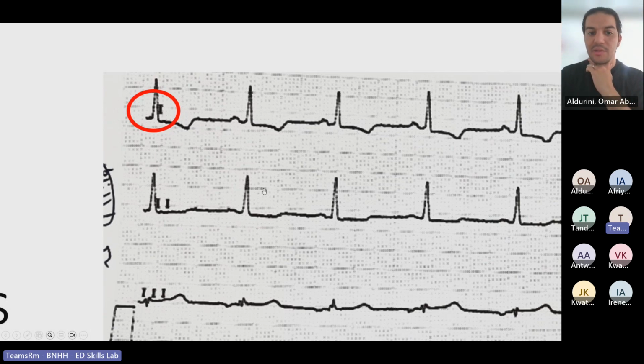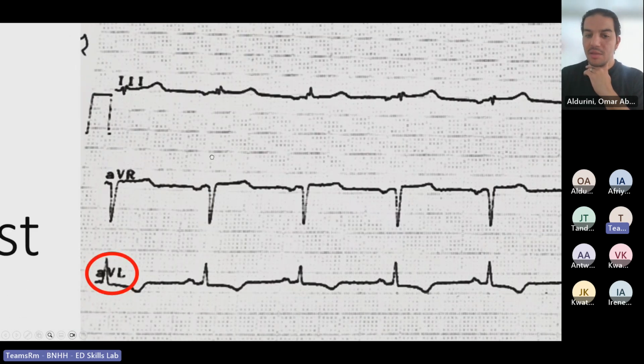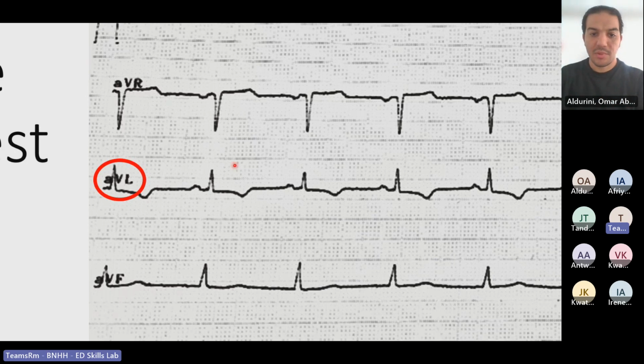So it is depressed here. You can say it's depressed also in lead 2, but it's not significant depression. And if we go here, lead AVL, you can see it is depressed as well.